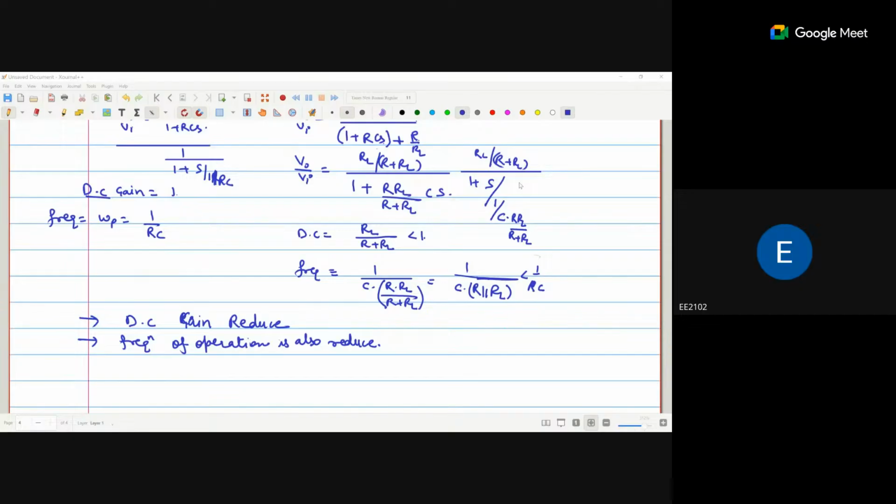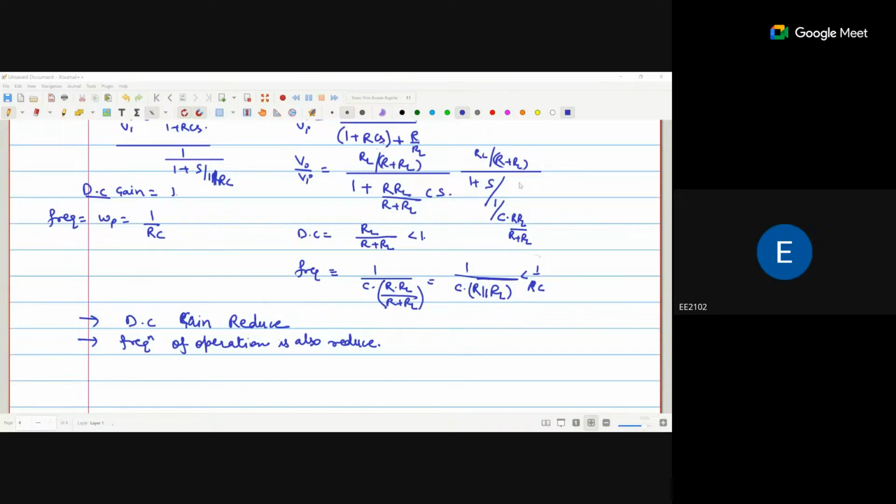For example, I am connecting this filter with a mobile phone. The mobile phone component has a different resistance. Similarly, I use that filter for my RF module, or with my tab, or with my laptop.